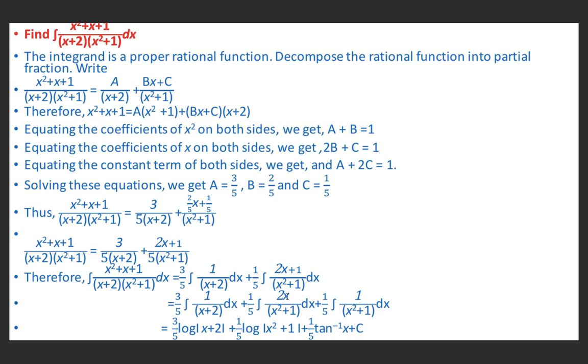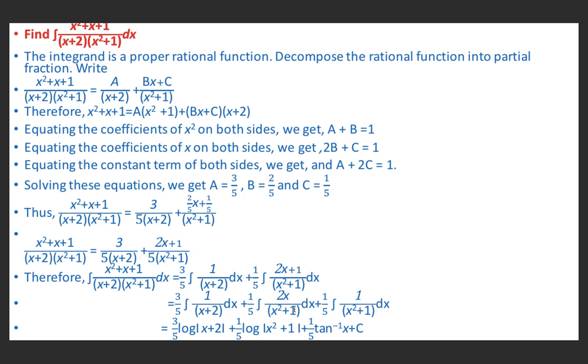To find the integration of this, you may first break it into two parts. So it is 2x upon x square plus 1, and 1 upon x square plus 1. So 1 upon 5, integral of 2x upon x square plus 1 dx, plus 1 upon 5, integral of 1 upon x square plus 1 dx. To integrate this part, substitute x square plus 1 equal to t.